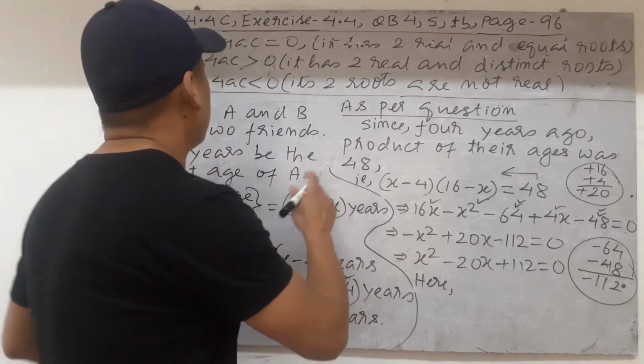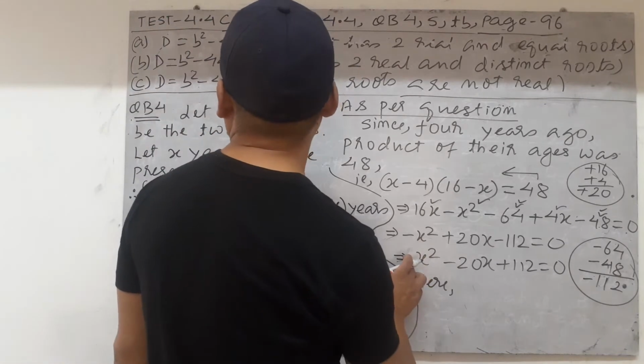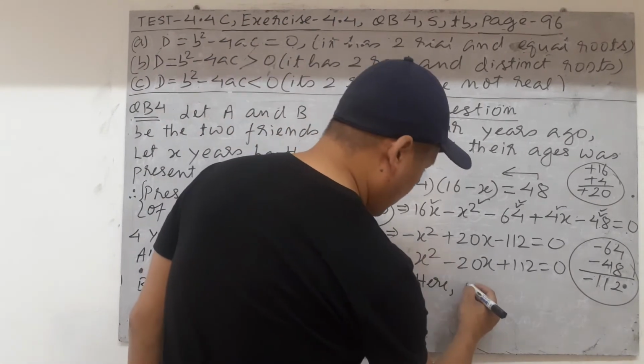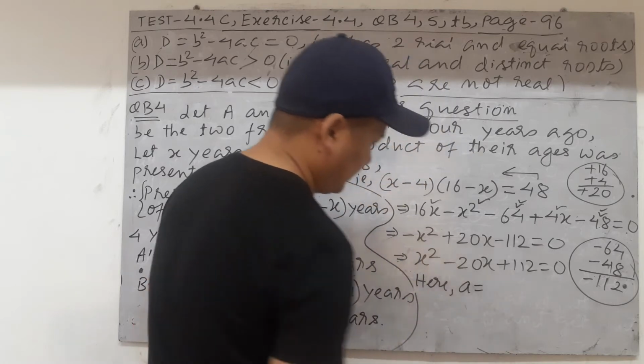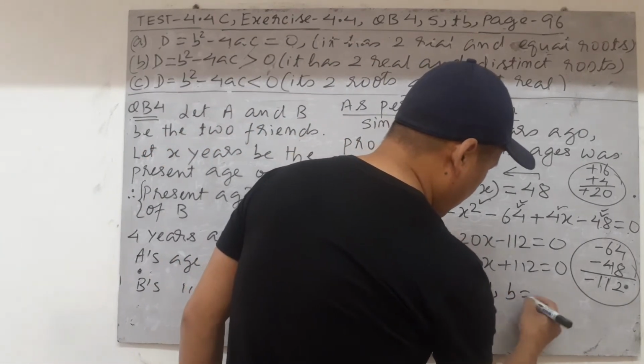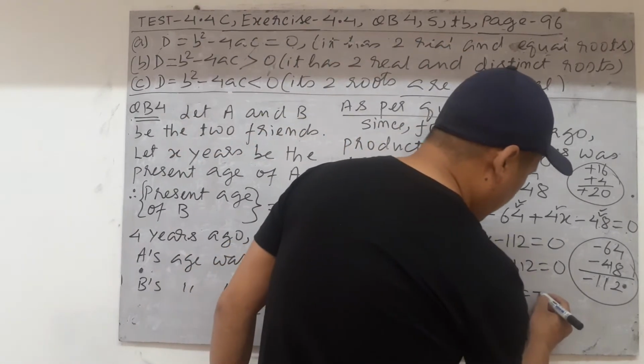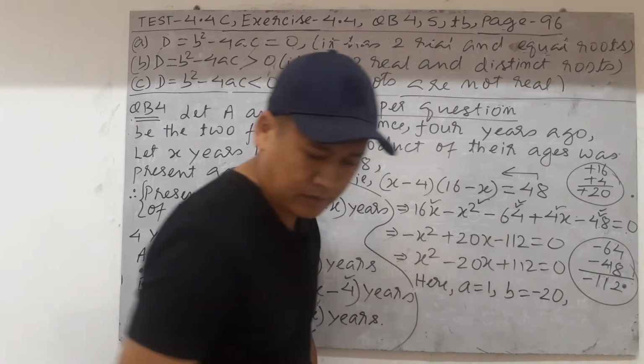For that we have to find the discriminant D, b squared minus 4ac. So first we have to find our a. Our a is the coefficient of x squared, no number means plus 1. b is the coefficient of x, which is minus 20.